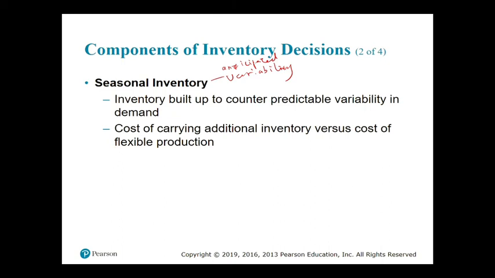So like Christmas time is coming, I'm a toy seller, and I know my supplier cannot give me so much product at one time. So for the couple months before, I'm slowly stocking up inventory. So the inventory I have to hold for a couple months' time is seasonal inventory.